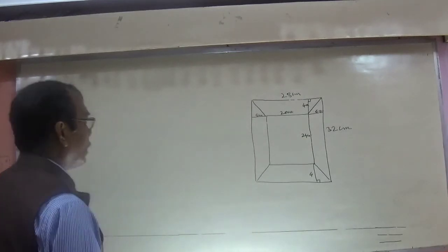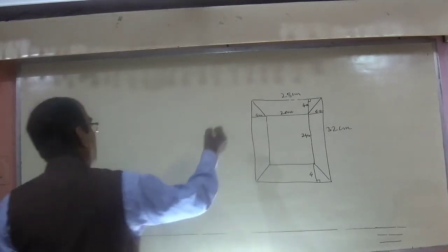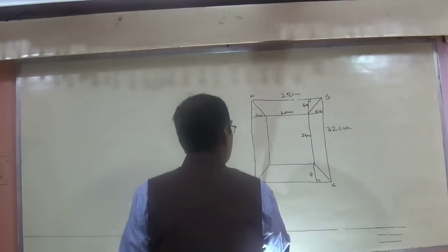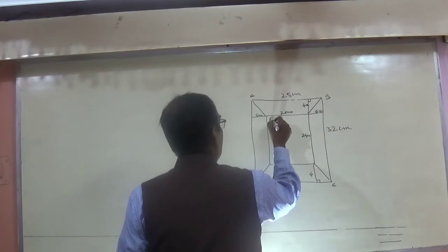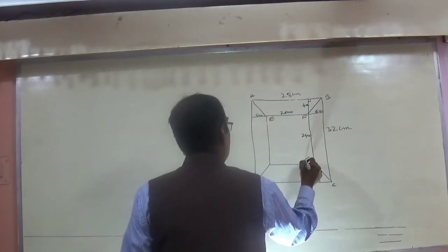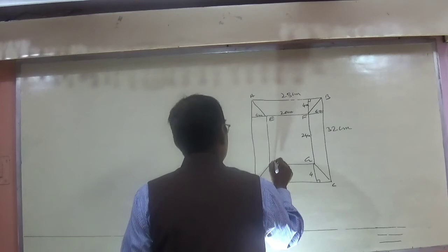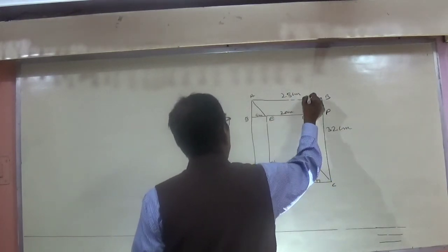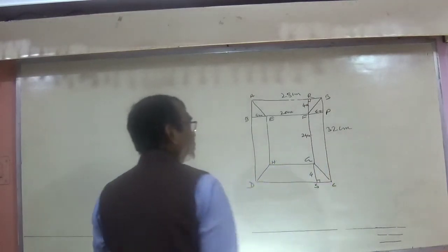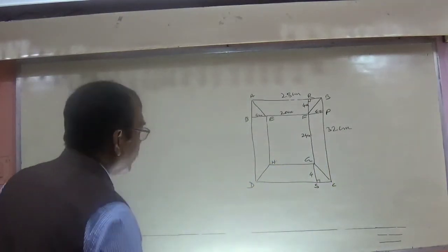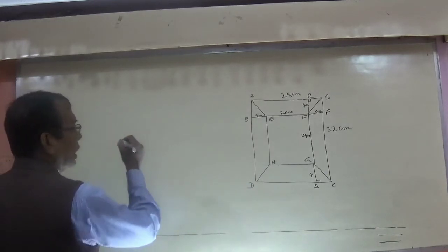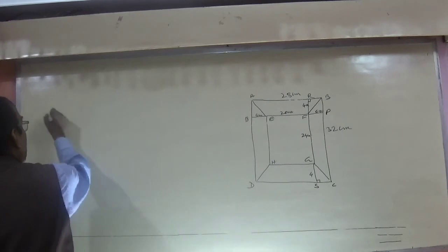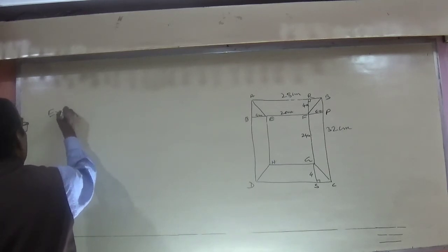Okay, so I am going to write here. I am going to consider the naming: A, B, C, D, E, F, G and H. This is considered P, this is considered Q, this is considered R, this is considered S. Okay. So just start writing. Example number 6.